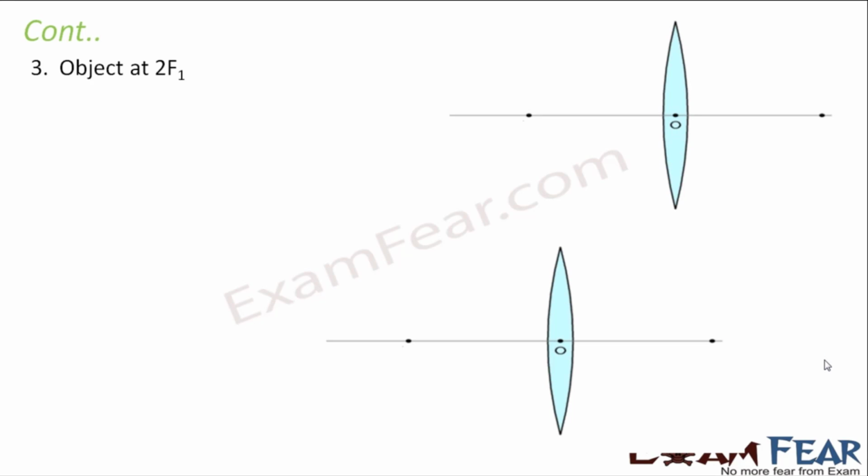Let us look at the third scenario, where the object is located at 2F1. Let us suppose this is F1, this is 2F1. Similarly, this is F2 and this is 2F2. If the object is located at this point, a ray of light parallel to the principal axis, after refraction, passes through the second principal focus.